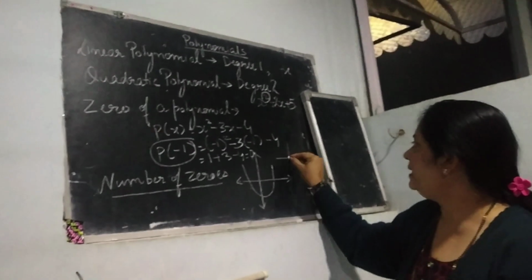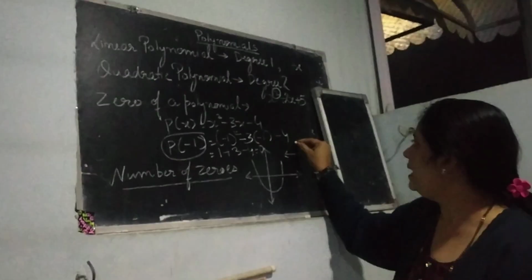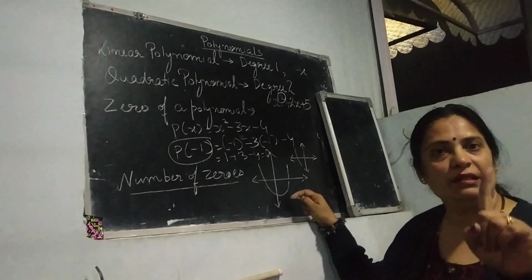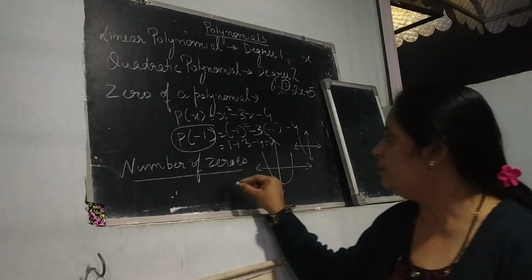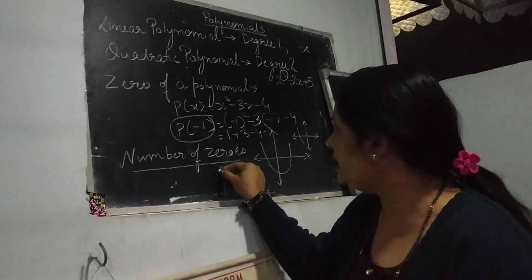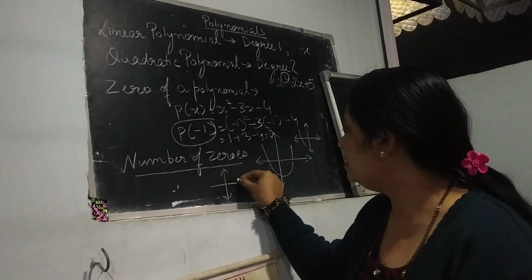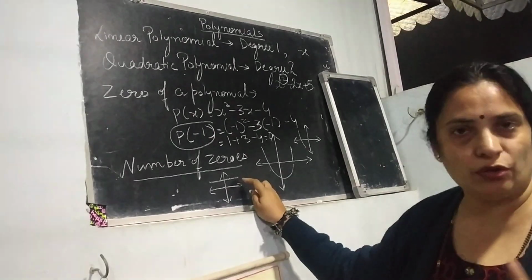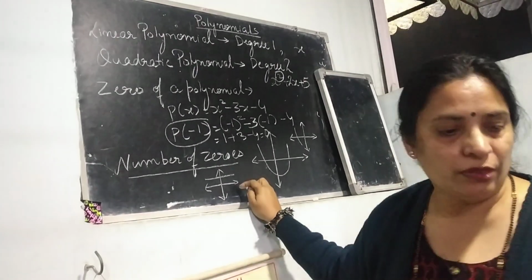Suppose it is touching the x-axis only once, like this, that means it is having only 1 zero. Suppose it is not touching the x-axis and is just passing like this, that means it is not having any zero. Okay, now let's proceed further.